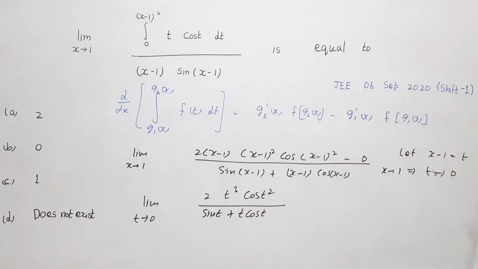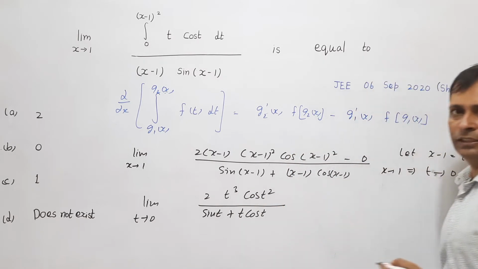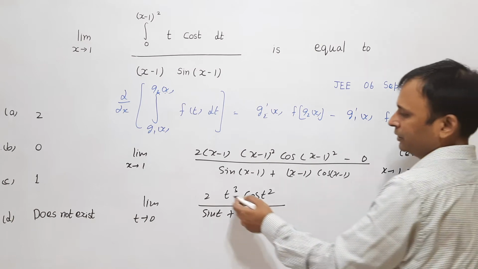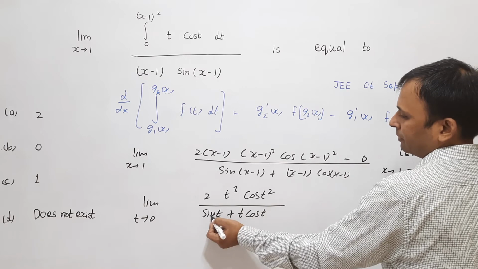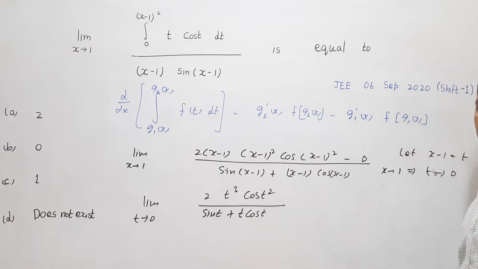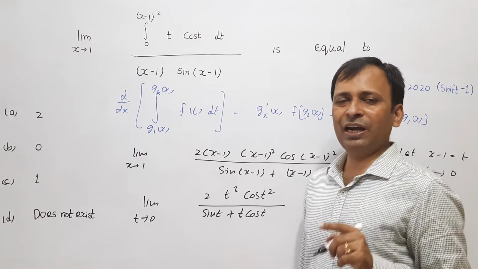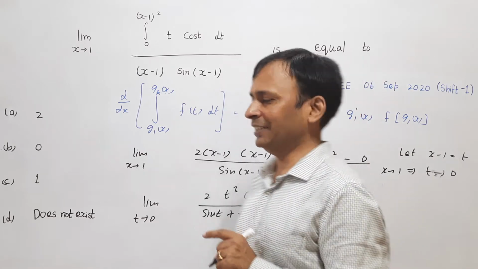Now let us see at what values numerator and denominator are approaching. The numerator is clearly approaching 0 because of this t cube, and the denominator, because of sin t and because of t, is also approaching 0. So I can use the L'Hospital rule once again.